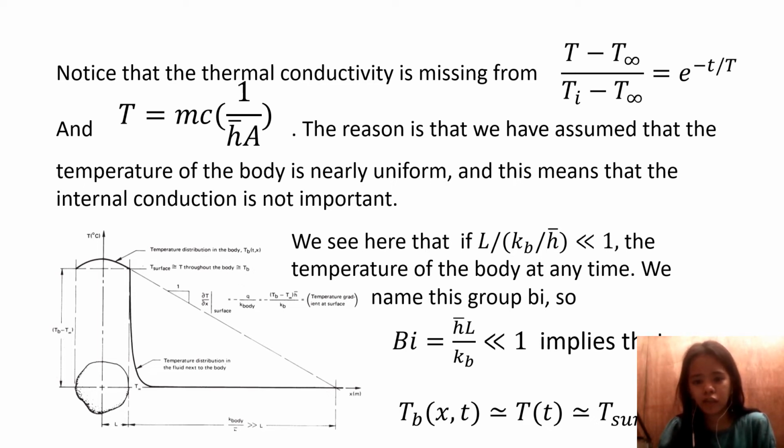We see that if the Biot number, h L over k, is less than 1, the temperature of the body at any time is approximately equal to the surface temperature.